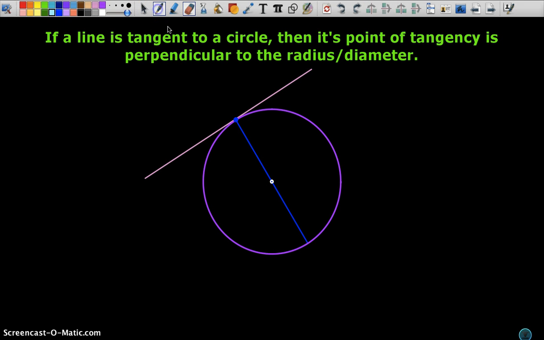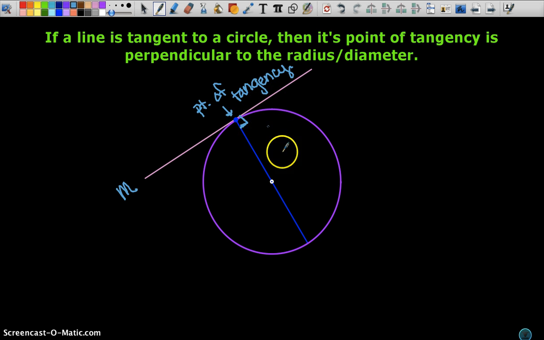All right, our first theorem for this, if a line is tangent to a circle, then the radius or diameter to its point of tangency is perpendicular. So if we know that this line, let's call it M, is tangent, and this would be our point of tangency, and if we know that this is a diameter, that automatically means that this is a 90-degree angle.